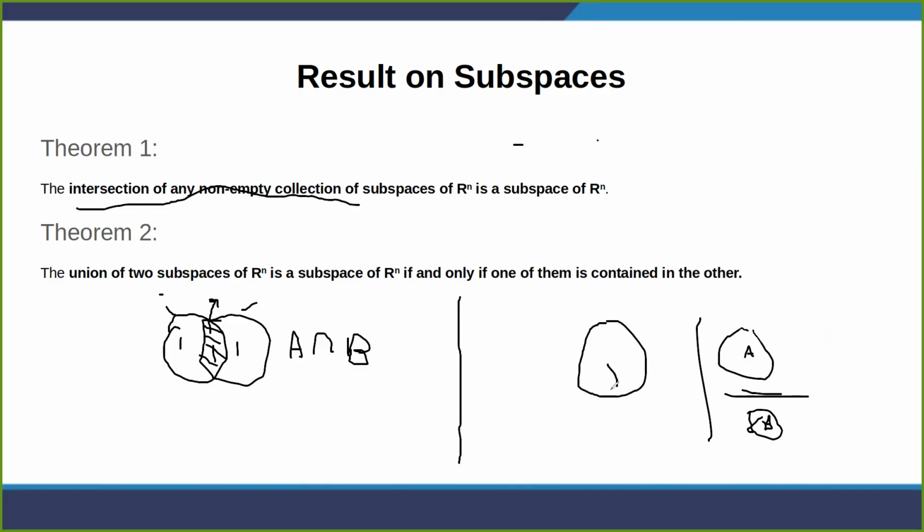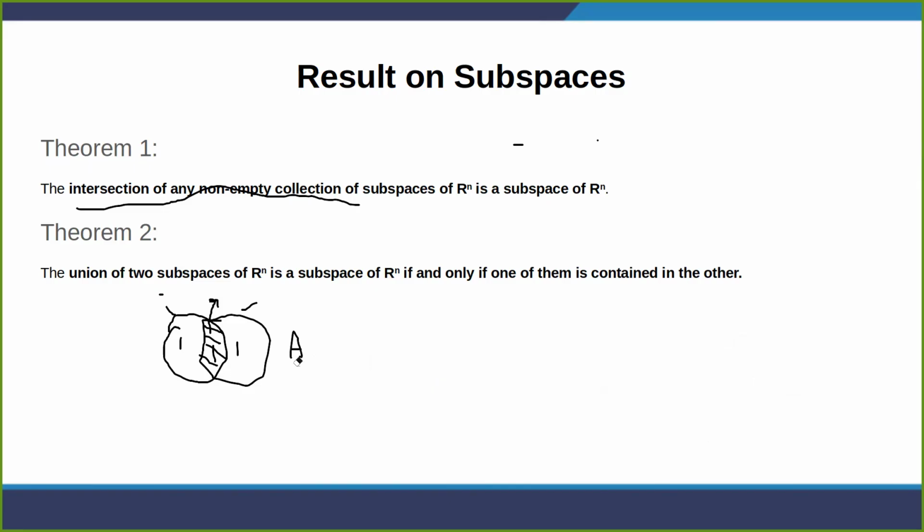But if A is big and B lies inside it, then the same operations performed here will also be performed here, and both will be in the same subspace. So the union is also a subspace, because one is contained in the other. You can get this from the diagram itself. Geometrically, it's very easy to see.